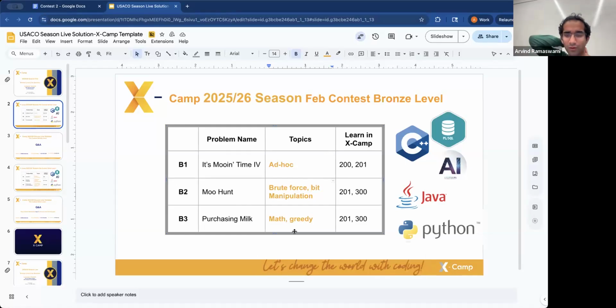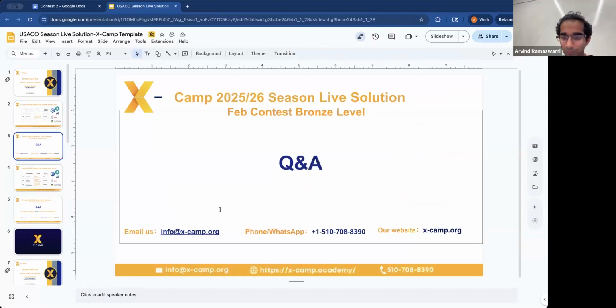And then purchasing milk is more about bitwise problems. There was a greedy observation we made in the beginning where the bucket sizes have to follow some certain structure, so you can't have one small one followed by one huge one. Yeah, cool.